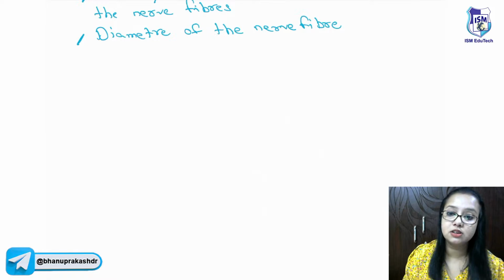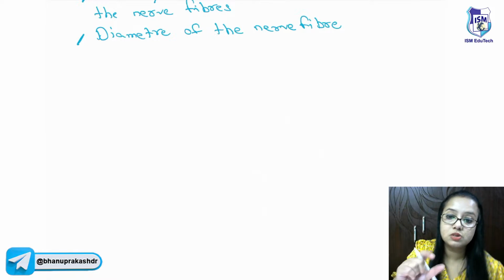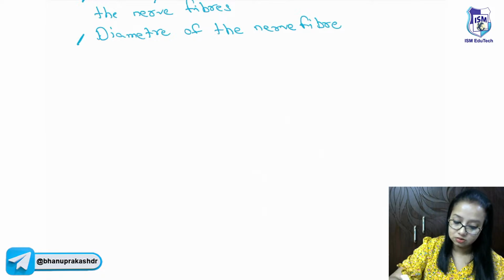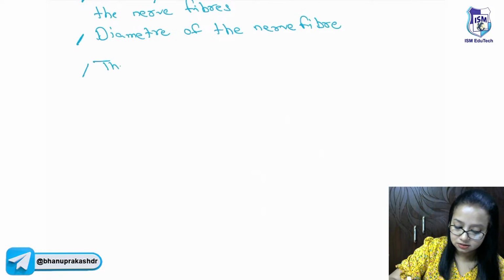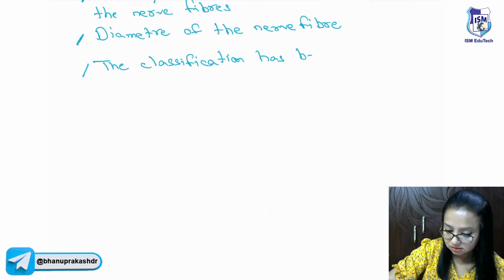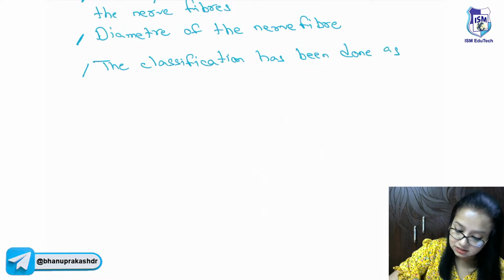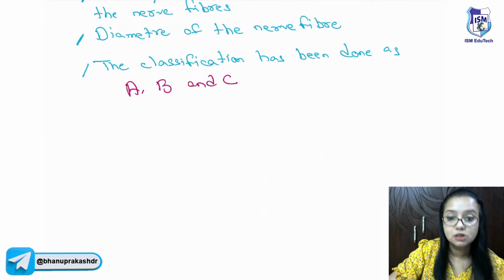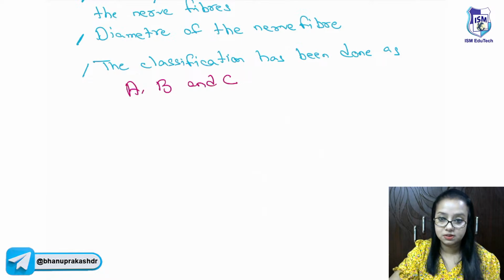Depending on this, they chose the classification into alphabetic order: A, B, and C groups of nerve fibers.